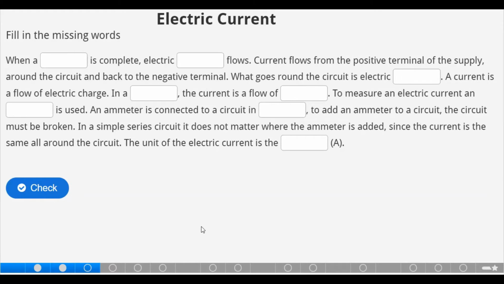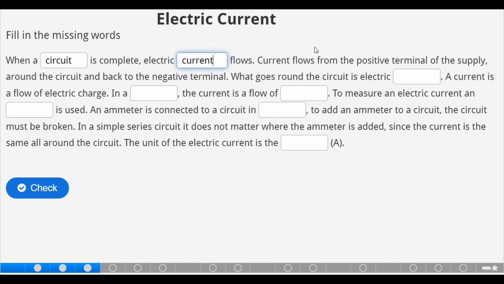Now, electric current. You have to fill in the missing words so that we can have a full definition of what electric current is. When a circuit is complete, electric current flows.